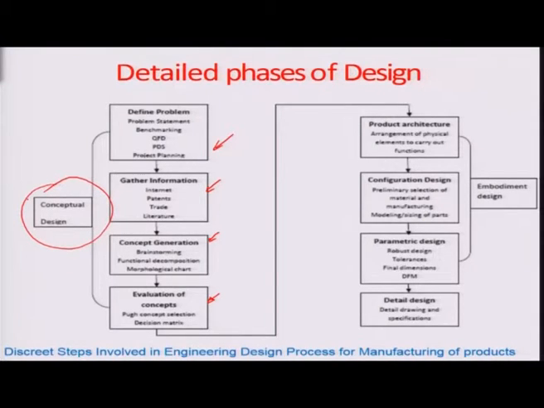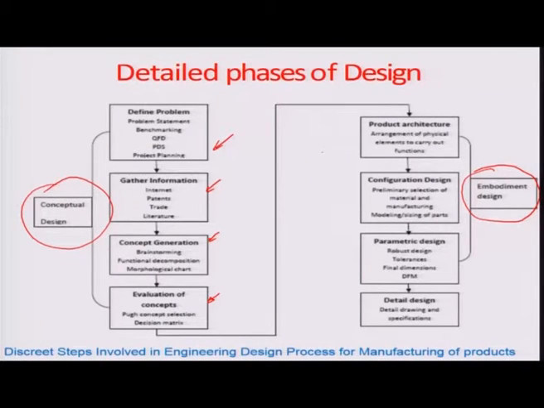So, this phase is also known as the concept framing phase, or conceptual design, as it is more commonly called. The other phase is related to the actual design of the embodiment which is being planned in the conceptual stage, which will solve the need or problem.